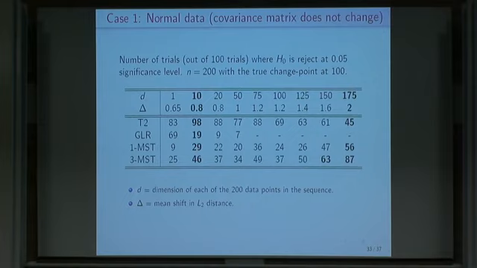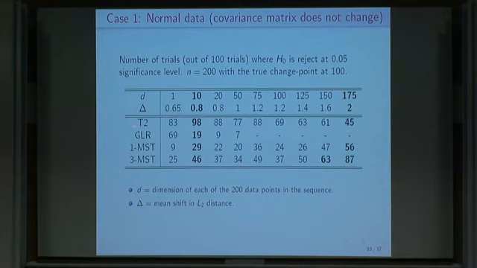The length of the sequence is always 200, but the dimension of each observation can be different, from 1 to 175. And this is the change in L2 distance at position 100. This specific change is chosen so that these tests have moderate power, so that we can compare them.